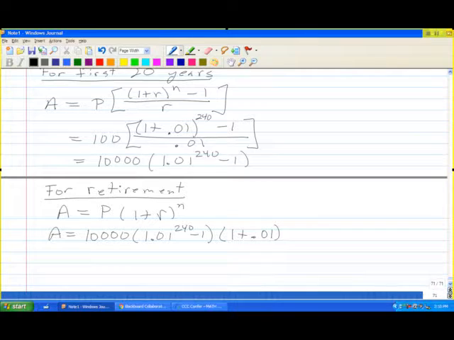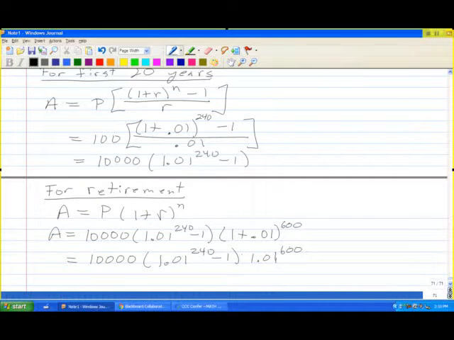So every year, there's 12 of them. You do it for 50 years, so that's 600 of them. So it's 10,000 times 1.01 to the 240 minus 1, and times 1.01 to the 600.